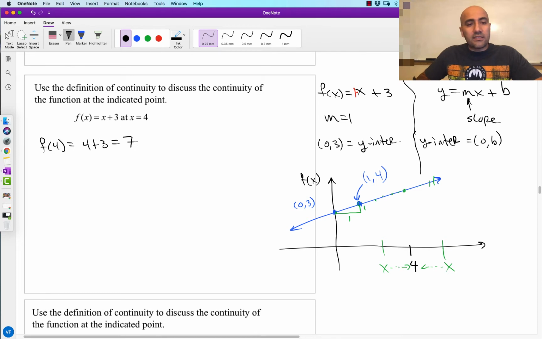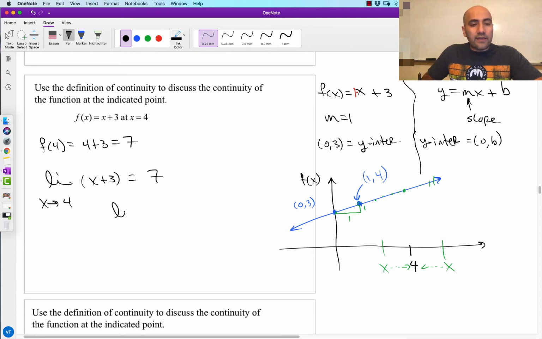Because this is a linear equation, also a type of polynomial, we know that the limit does exist and the limit will be equal to the value of the function. Right? So the limit as x approaches 4 of x plus 3 is going to be equal to 7. And also we know that f of 4 is 7.